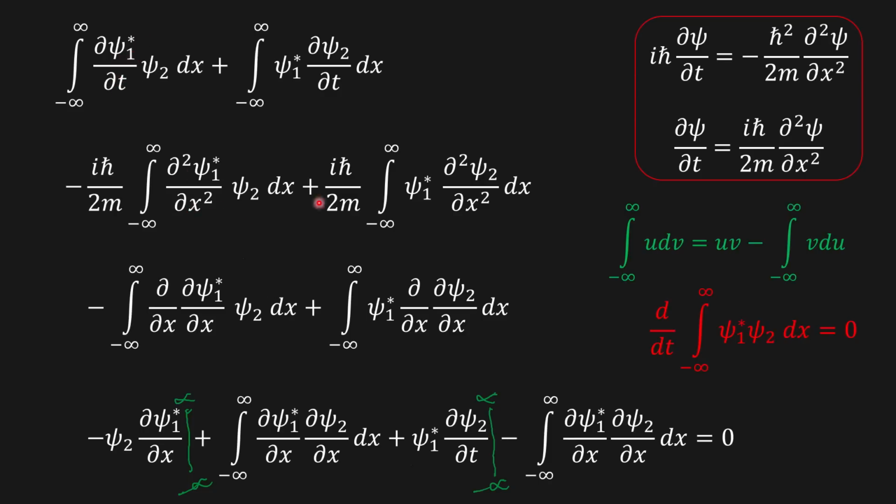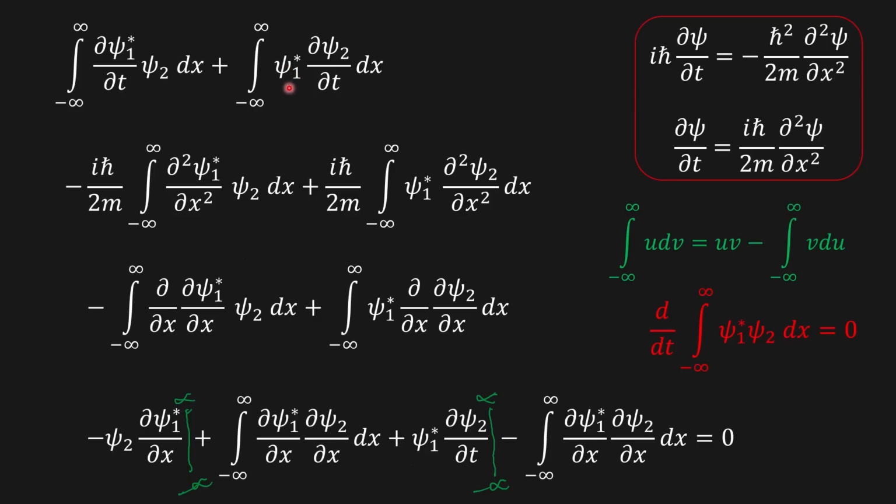Since i is a complex number, when you take the complex conjugate of i h cross over 2m, it becomes minus i h cross over 2m. Since it is a constant, I am taking it outside. The minus comes because i becomes minus i under complex conjugation. The first order time derivative becomes the second order partial derivative, and psi 2 I am keeping as it is.